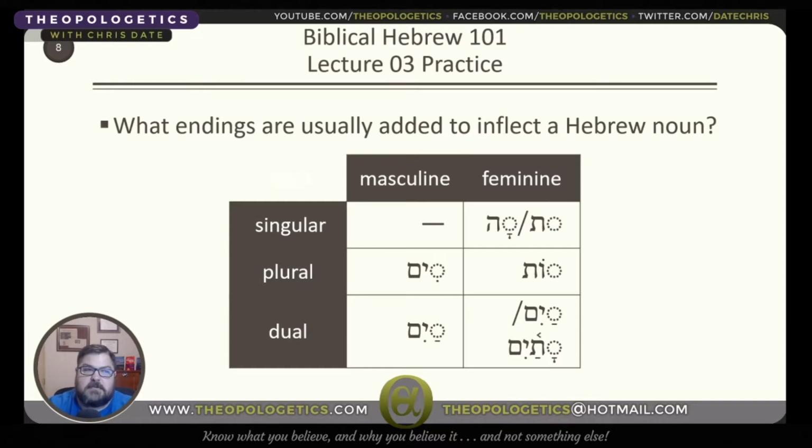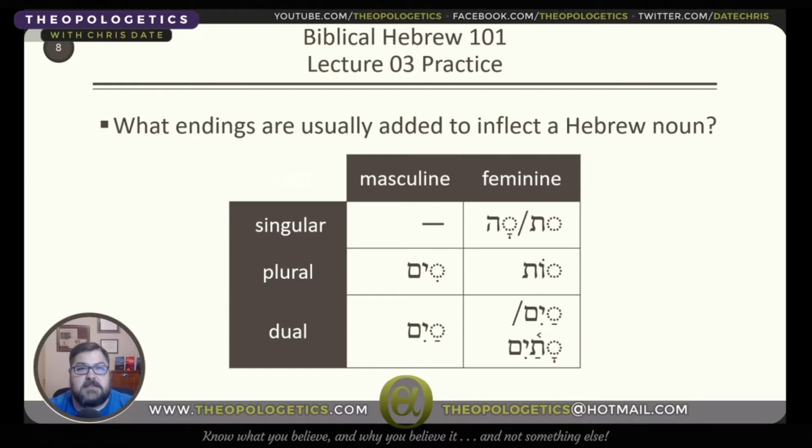Feminine singular, however, does have some distinctive endings. Often it ends with a qamets-tav, ah. Often feminine singular nouns end in a tav. Now there are vowels that need to precede that tav if it's a feminine singular, and if you want to memorize those, you can just go to Basics of Biblical Hebrew chapter 4 and they'll list all of those vowel combinations.